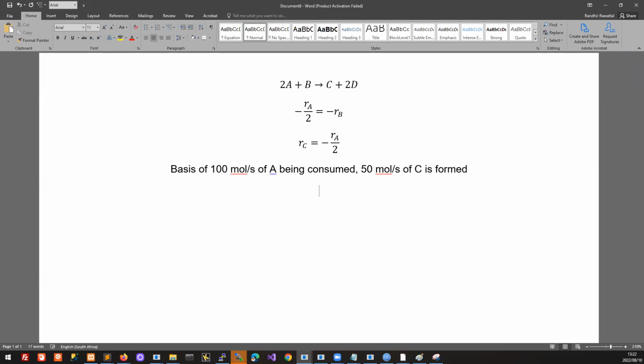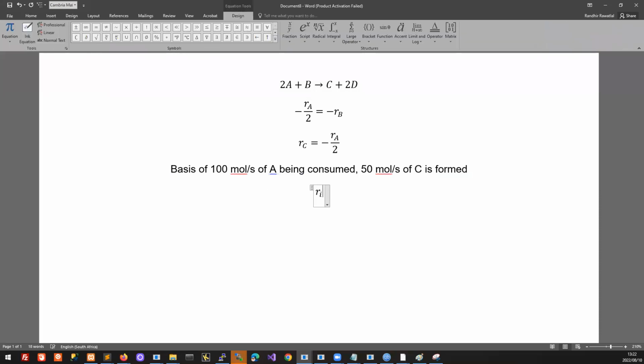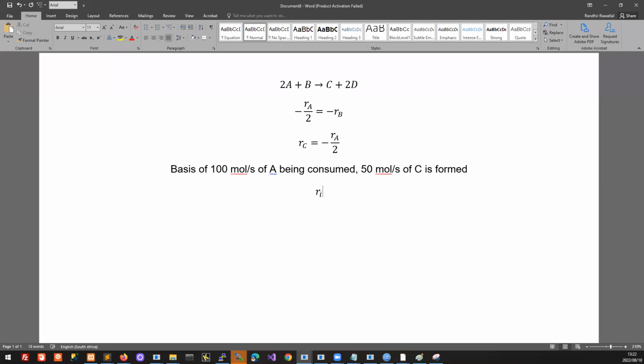So R is strictly the rate of formation of component I. So when we write minus RA over 2, what we actually mean is the rate of formation of A, that has a certain value behind it. So if we have here 100 moles per second of A being consumed, then it means our rate of formation is minus 100 moles per second, right? So just be careful with that.